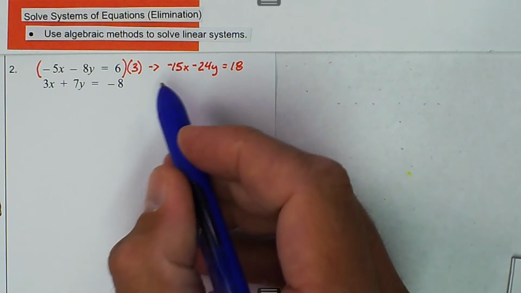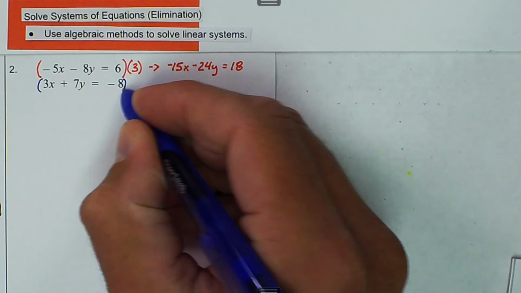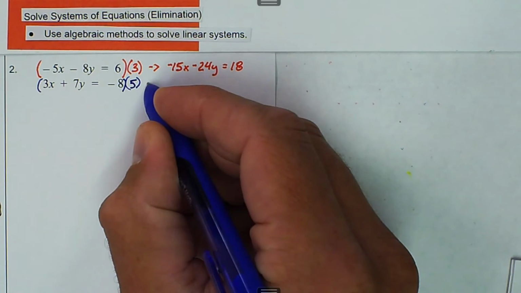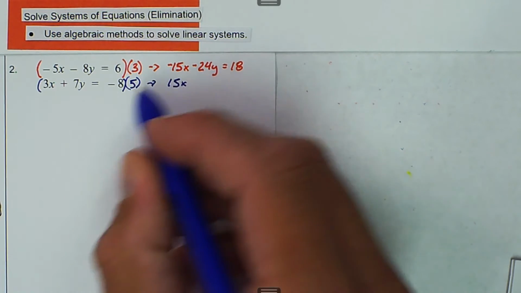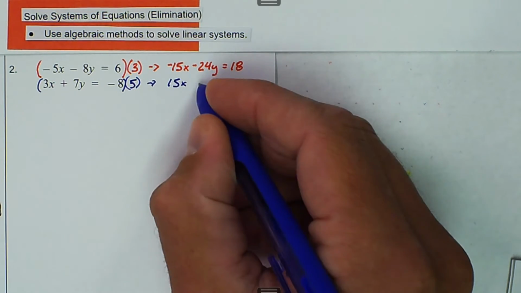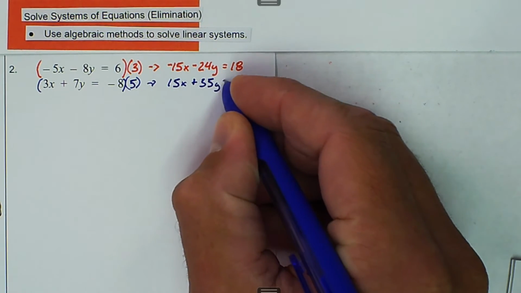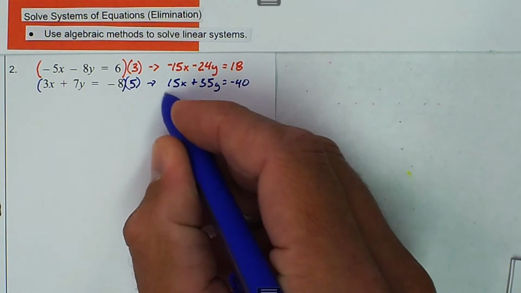Down here, in order to make 3 become +15, I have to multiply by 5. So I'm going to scale this whole bottom equation by 5, and 3x times 5 is 15x, and 7y times 5 is 35y, and 5 times -8 is -40.